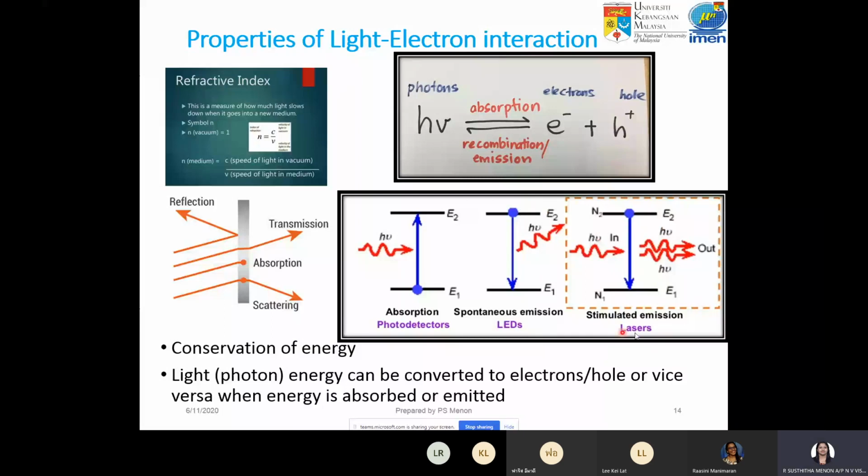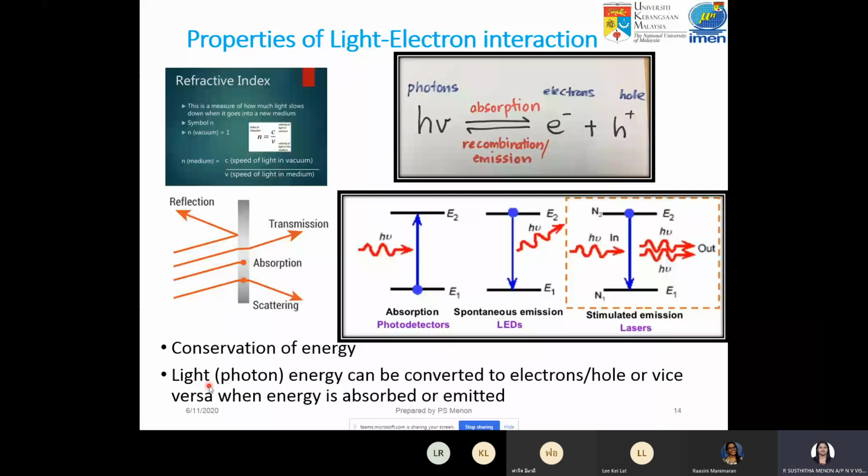For LED, there is no external stimulation, so light is emitted spontaneously. For lasers, there is an external stimulation, so we call it stimulated emission. One photon produces two photons, whereas in an LED it is spontaneous emission. So light is absorbed, the basis for photodetectors; spontaneous emission, the basis for LED; stimulated emission, the basis for lasers.